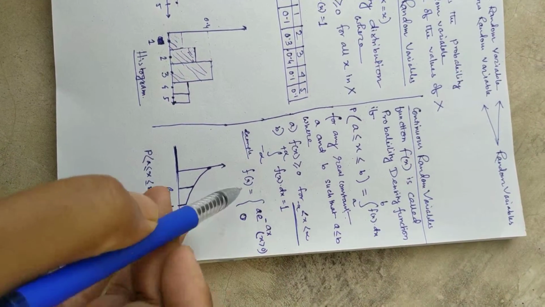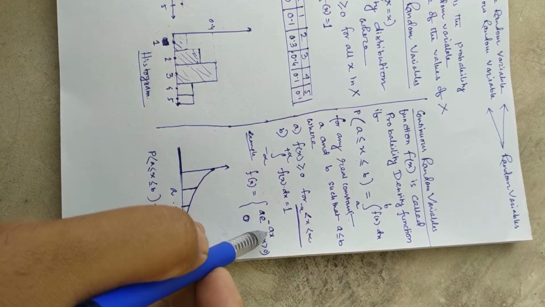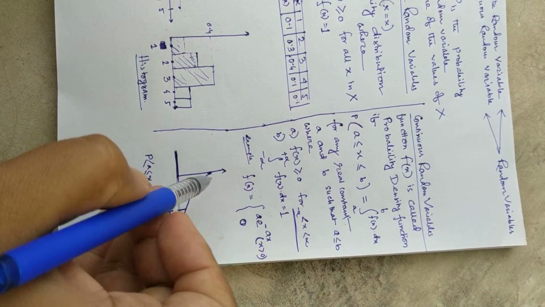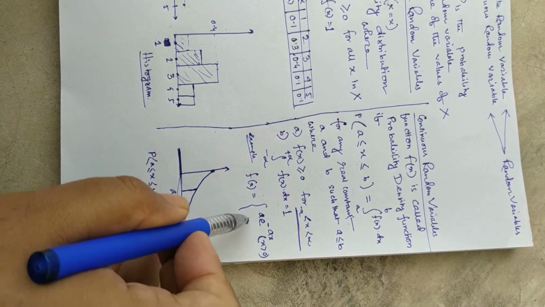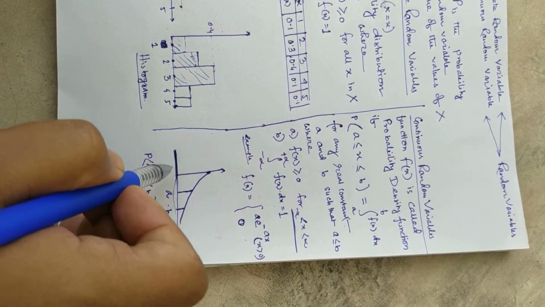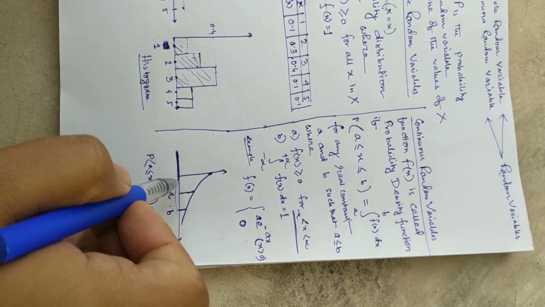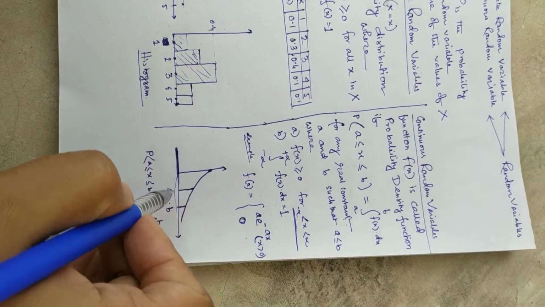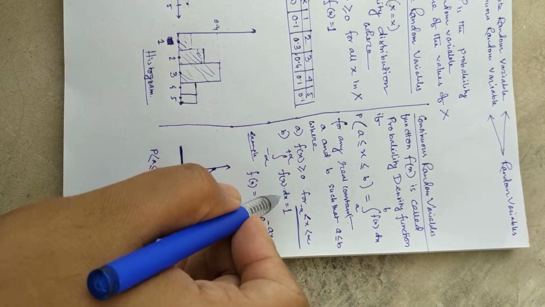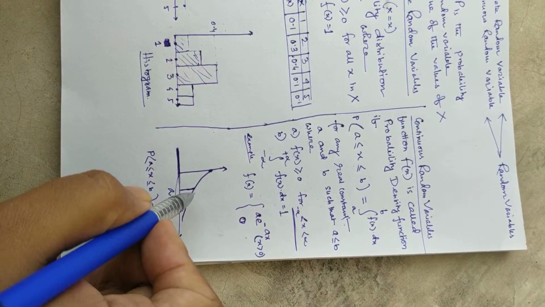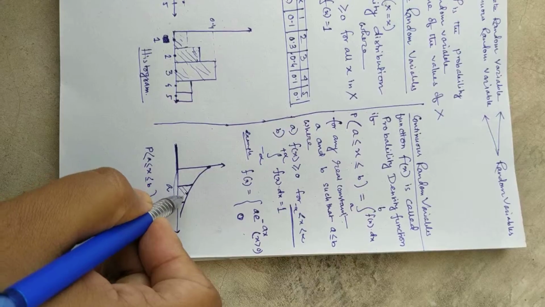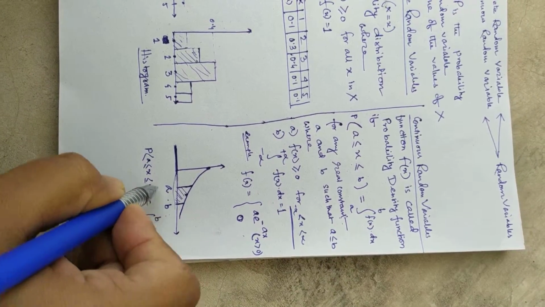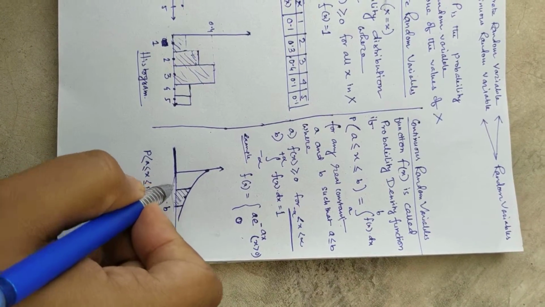Say for example, we take a function a times e to the power minus ax, where x is greater than or equal to 0. For x greater than or equal to 0, we get the curve. For x less than 0, it will be 0, so the curve is not present. If we want to calculate the integration over a to b, it will be this part. So actually we are getting an area here, right?